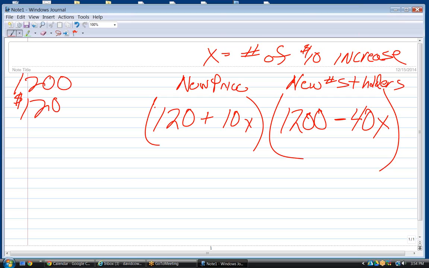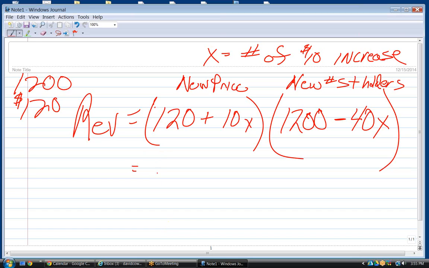Okay. So the first thing you want to do is come up with your formula as a function of your variable. So our total revenue is going to now be this quadratic. Okay. Multiply these two together.